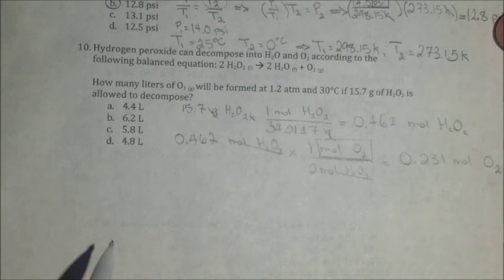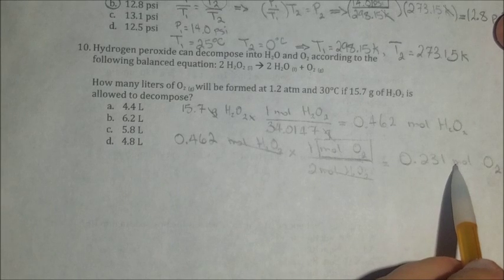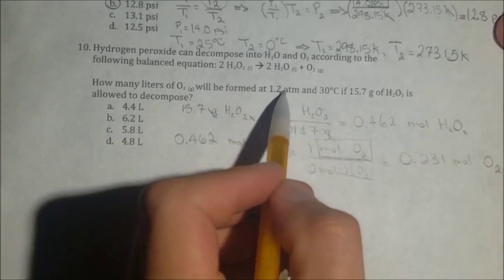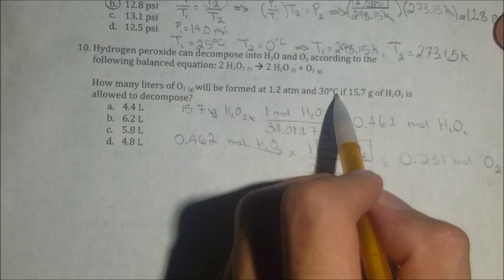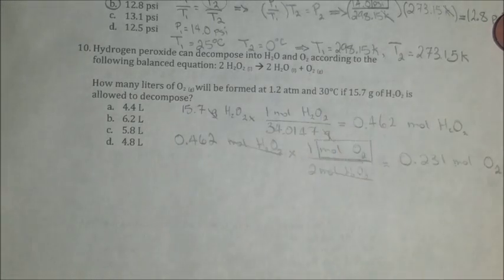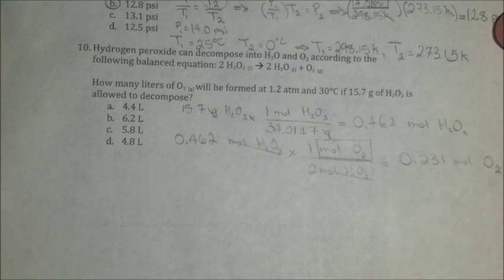Now, since we have moles and atmospheres and degrees Celsius, which we can convert into Kelvin very easily, we can use the ideal gas law to figure out what volume of oxygen we produce.